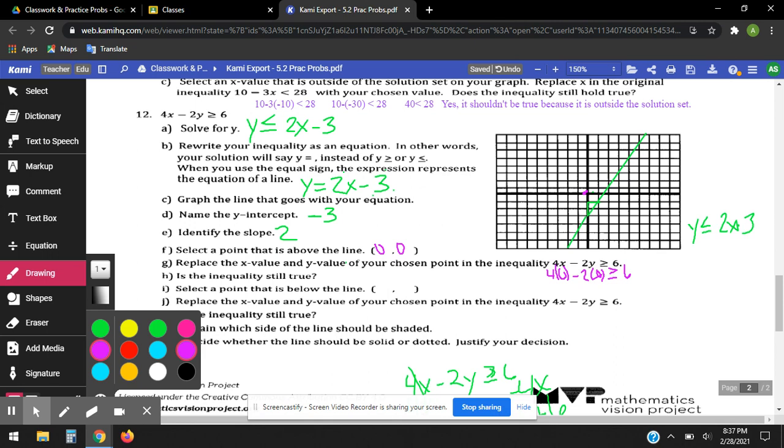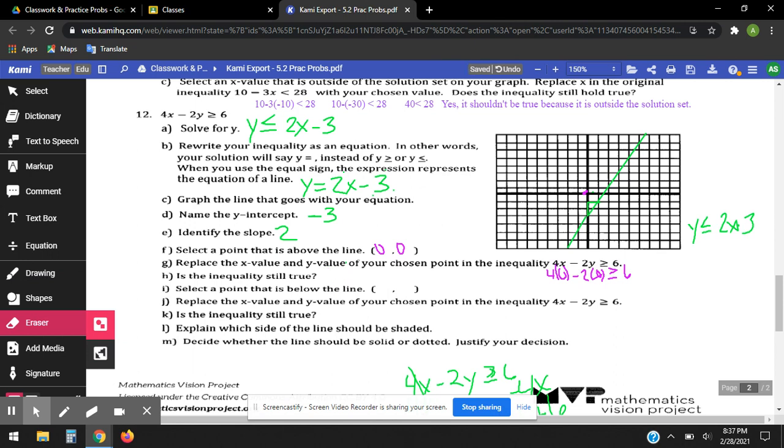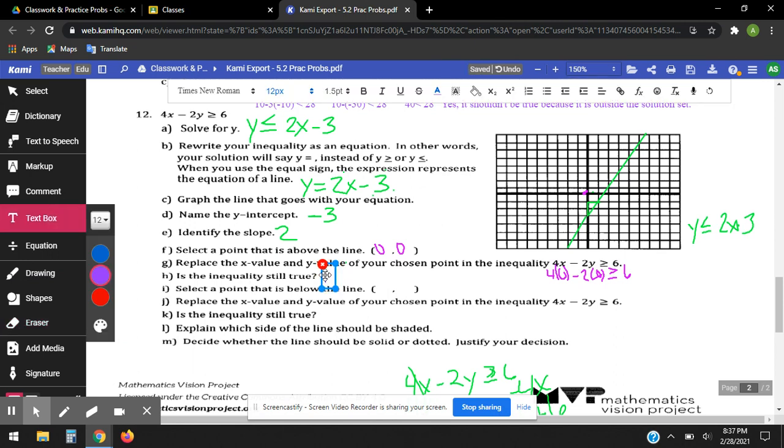So yes, we picked a point above the line, outside the solution set.